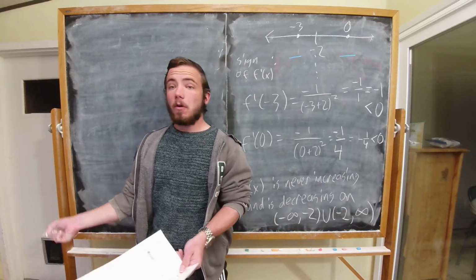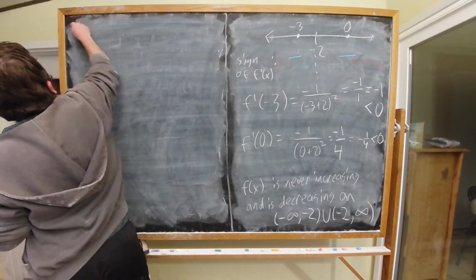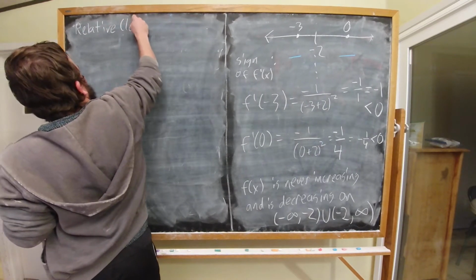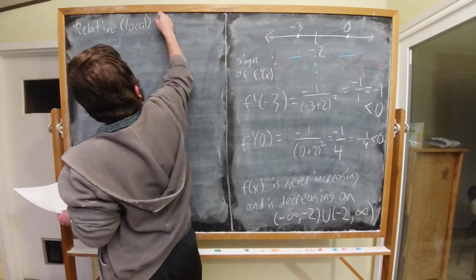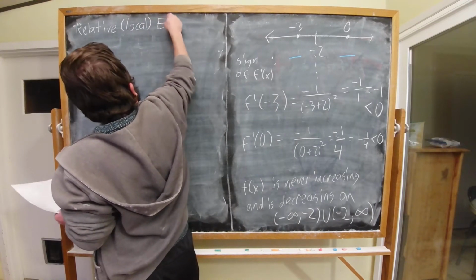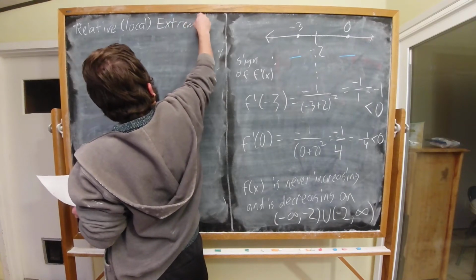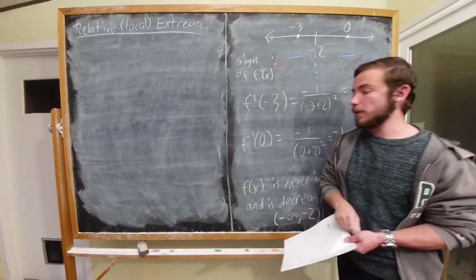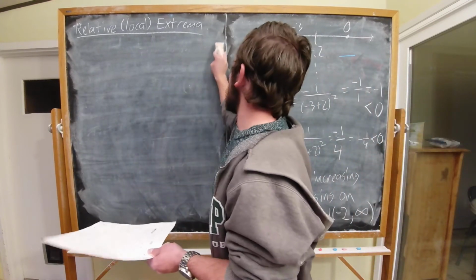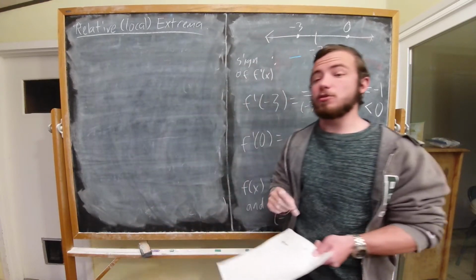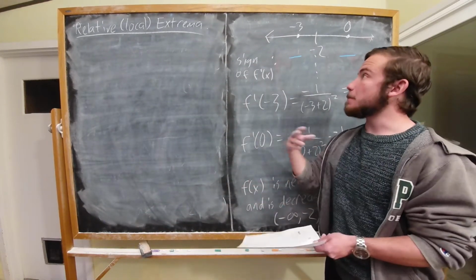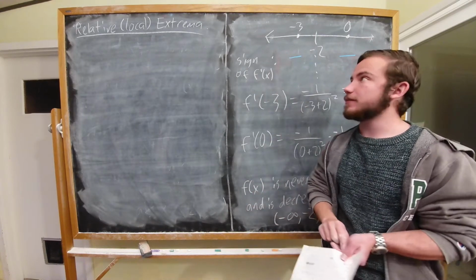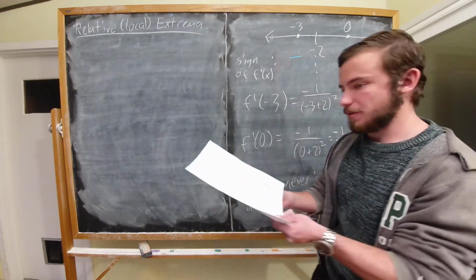Okay, so we're going to title this part relative, also known as local extrema. You might ask, what's an extrema? Well, it's a good Scrabble word for one thing. For another, extrema just means extreme point of the function. So you have maximums and you have minimums. Collectively, those are called extremums or extrema. I like it as a Scrabble word.